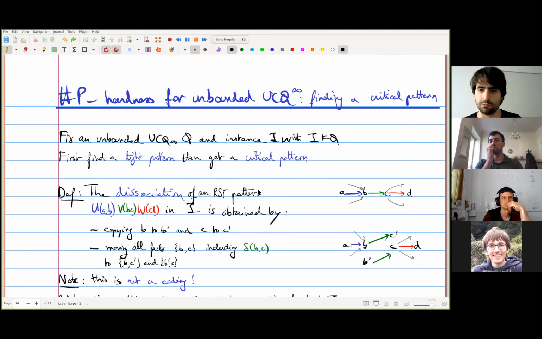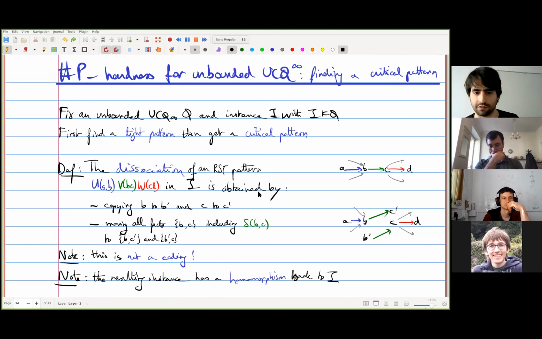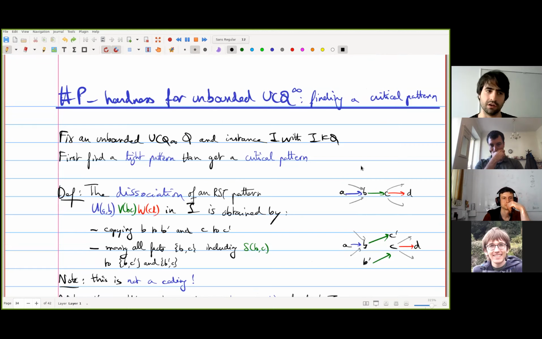I don't have much time to tell you how we find such a hard pattern. It's slightly complicated. In fact, what we do is we take a large instance and we start messing around with it in this more crude process of taking one edge and disconnecting it by two edges, but not creating any incident facts on the C prime and B prime. So we're not connecting additional things to them.